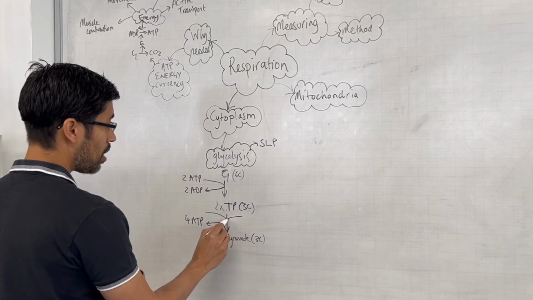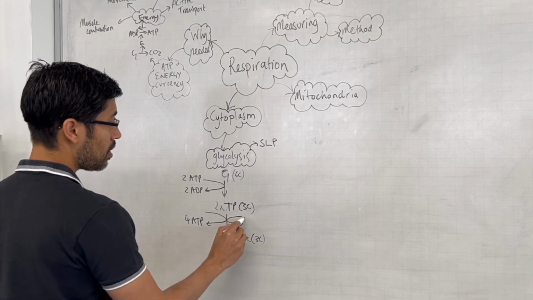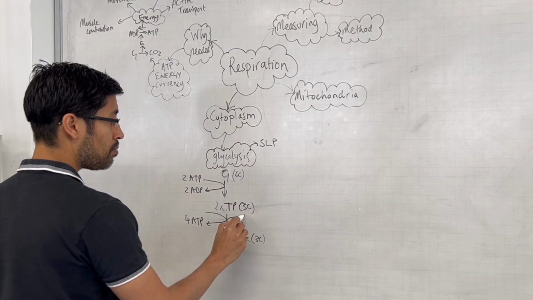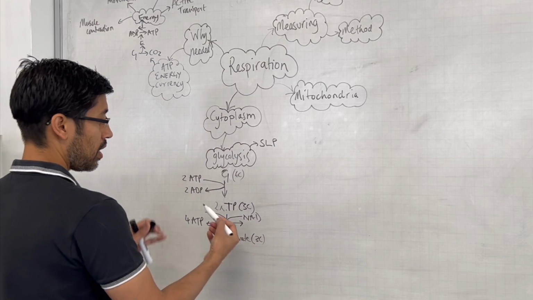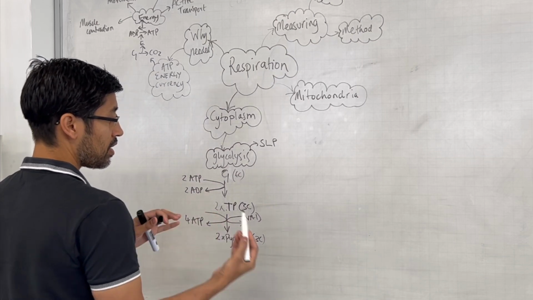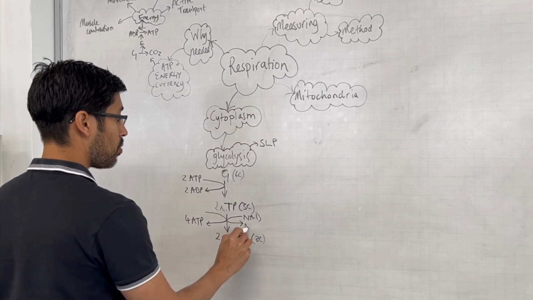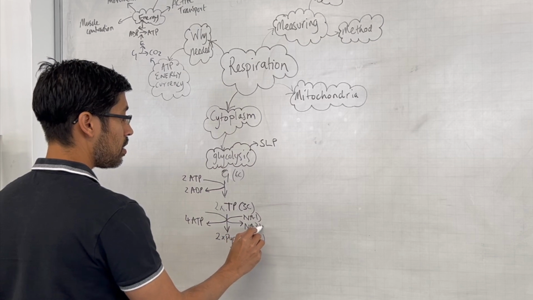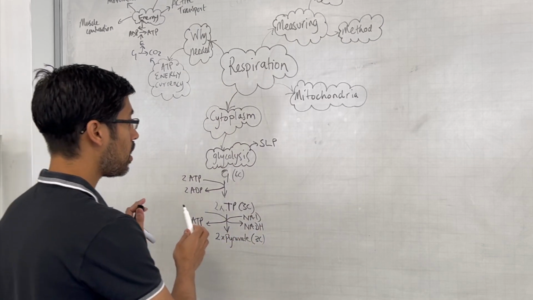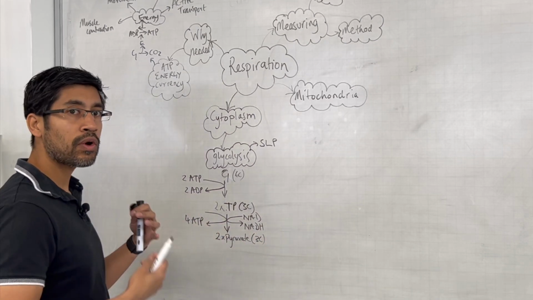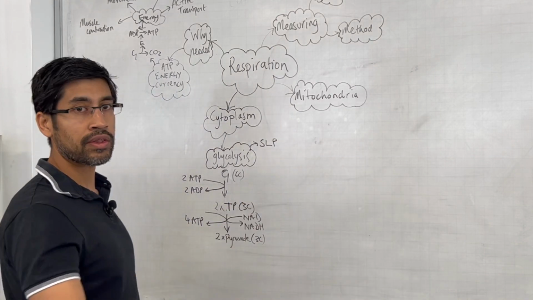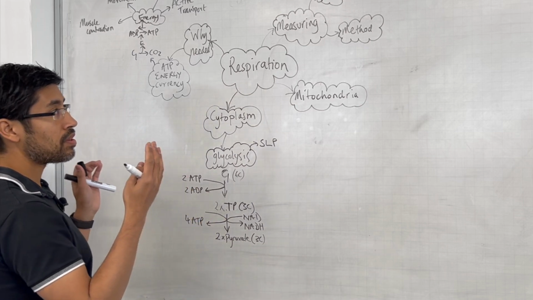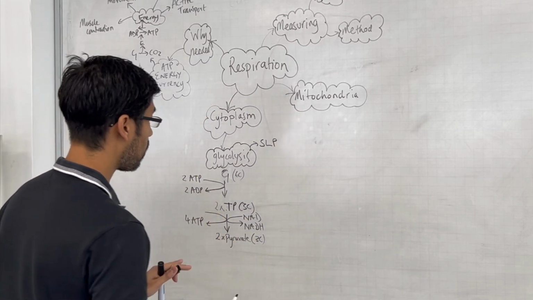But at the same time, something also very important happens. We convert a coenzyme, NAD, and it gets reduced, so it becomes NADH. Again, we're not going to spend too much time going over the whole process. There are other videos that do that job. This video is for revision purposes only.